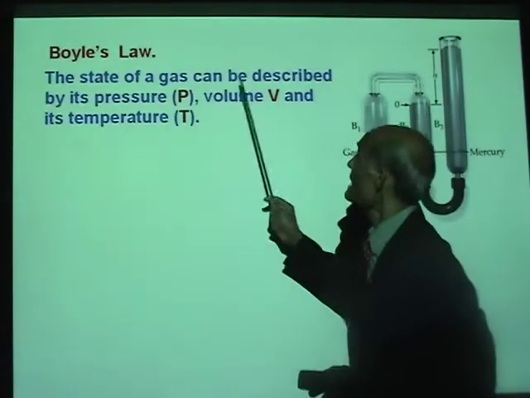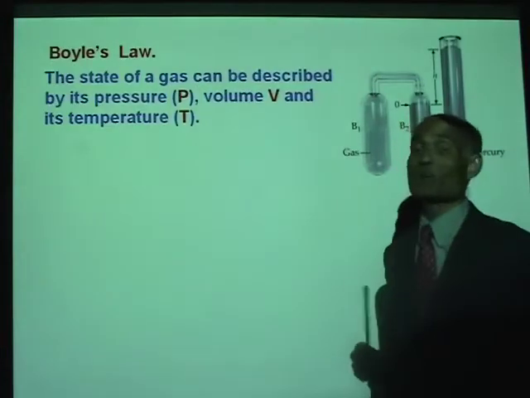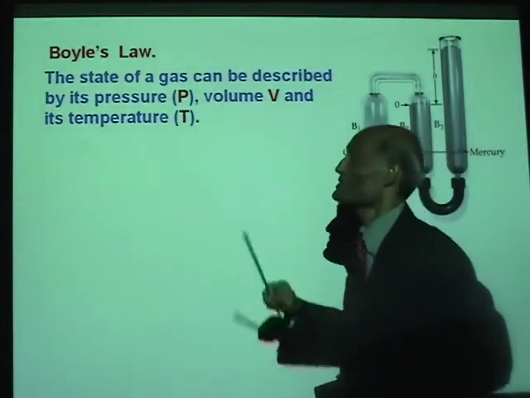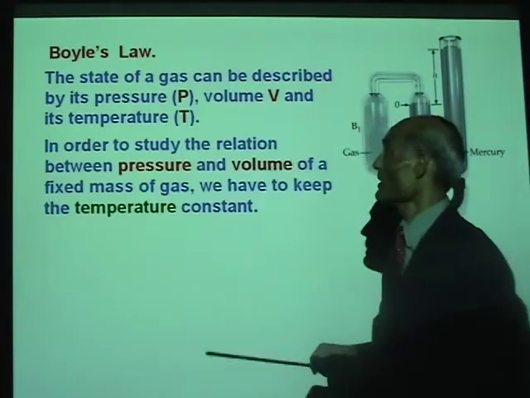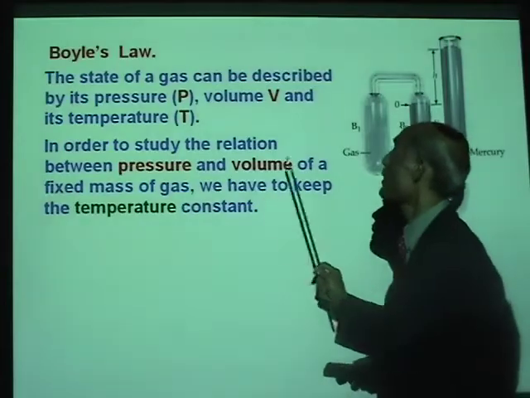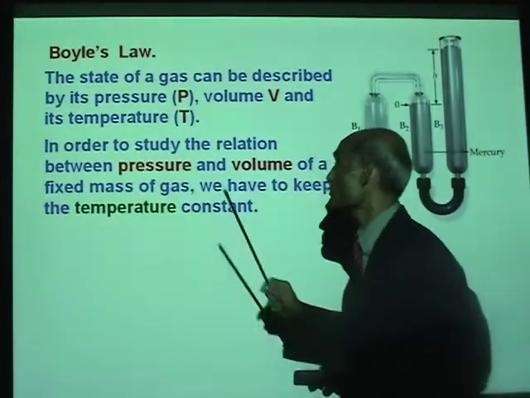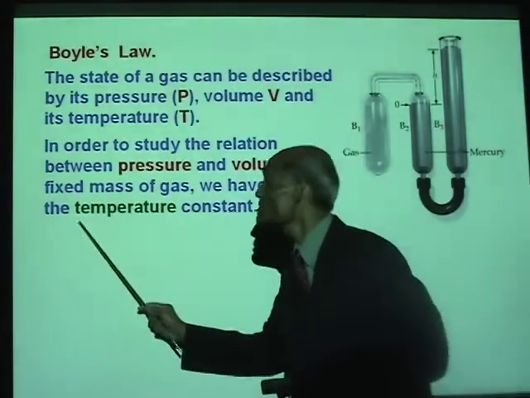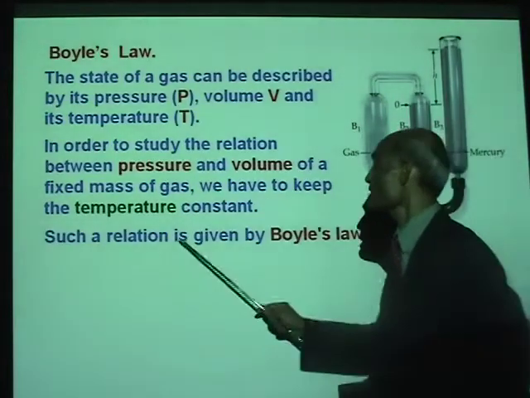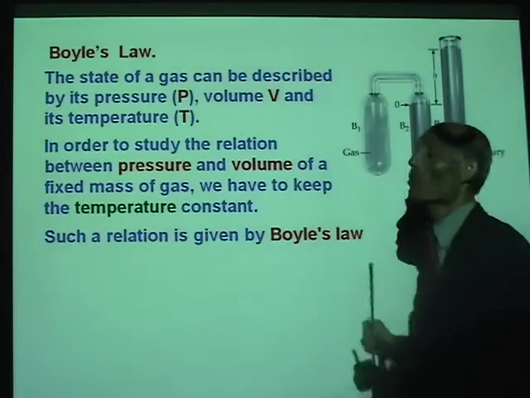The state of a gas can be described by its pressure P, volume V, and temperature T. In order to study the relation between pressure and volume of a fixed mass of gas, we have to keep its temperature a constant. Now, such a relation is given by Boyle's law.